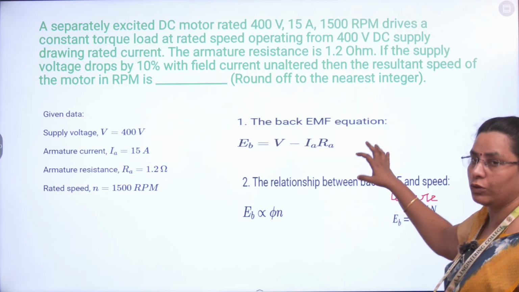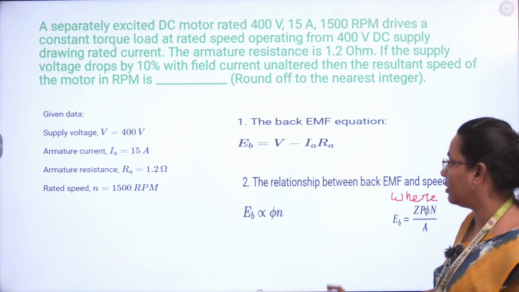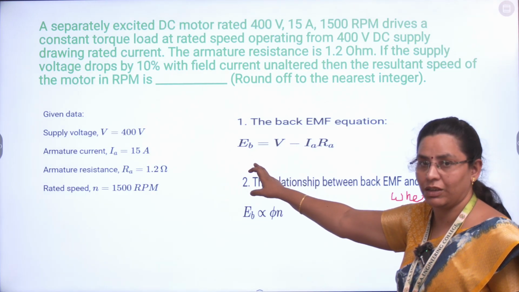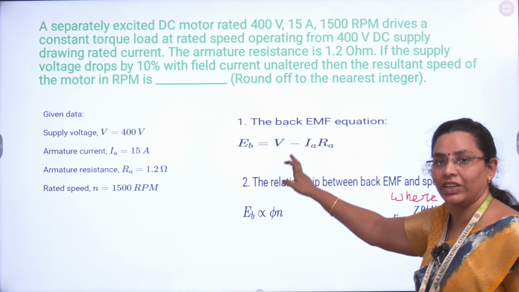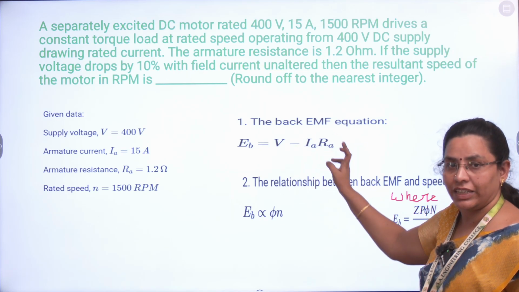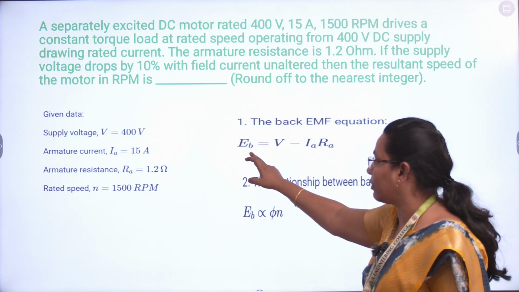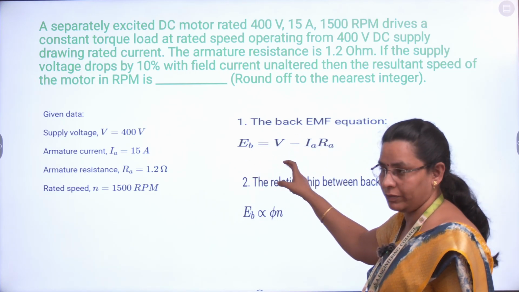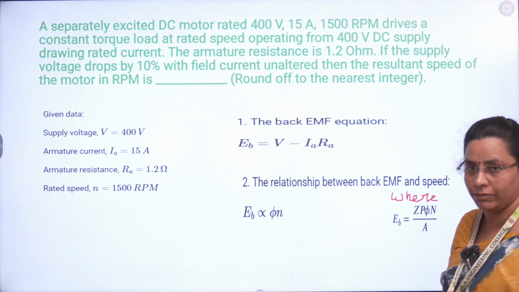First we have to know the back EMF equation. For the motor, back EMF equation EB equals V minus IA into RA. For a motor we have the minus sign, but in the case of a generator we have the plus sign. First we calculate the back EMF value. What is the relation between back EMF and speed?